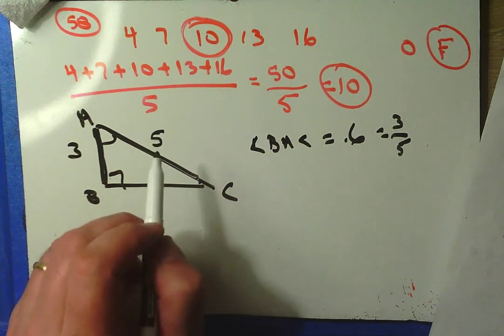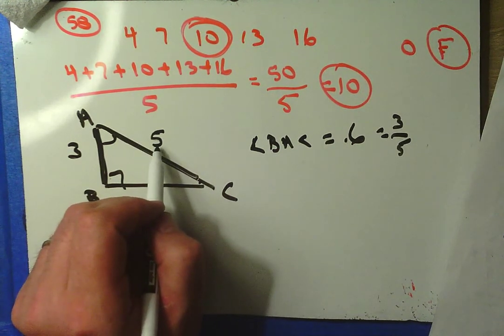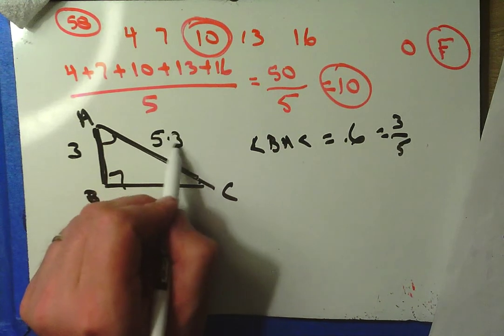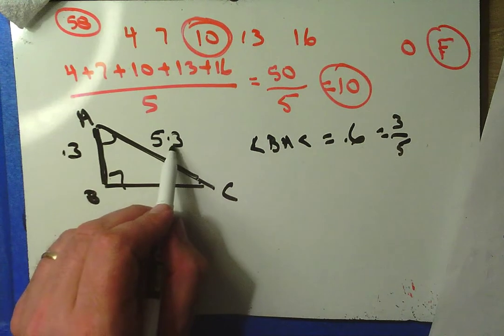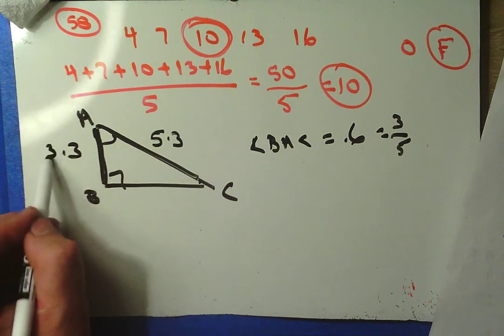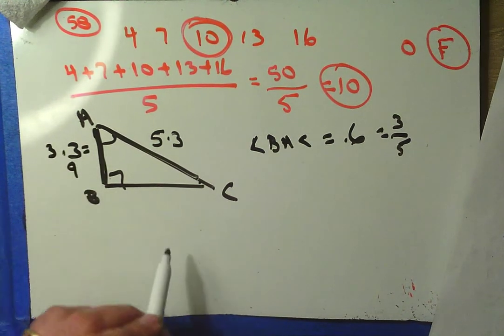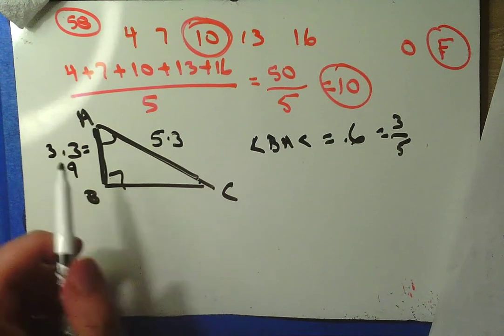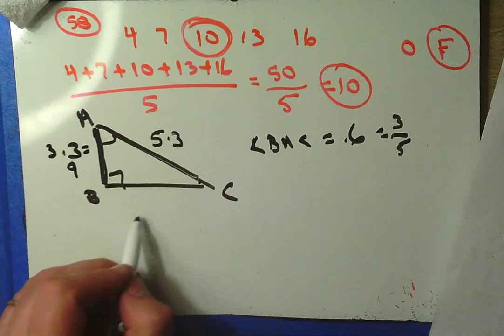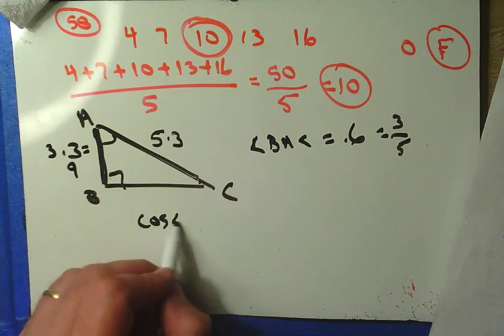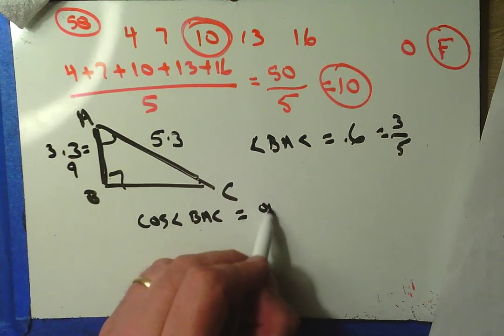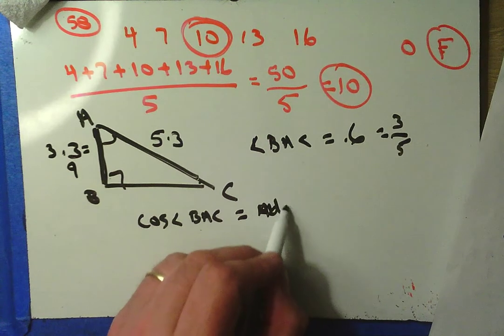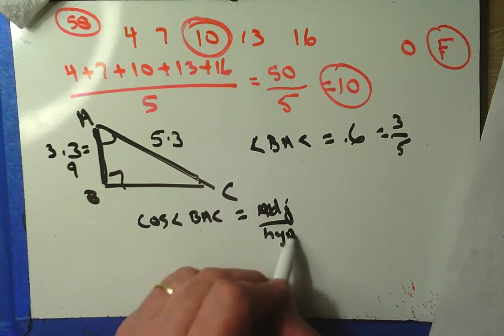Well, what do I have to multiply this by to turn it into 15? I'm going to have to multiply this by 3. So if I multiply it over here by 3, I have to multiply over here by 3, and so I get 9. You could always set this up as cosine angle BAC equals adjacent over hypotenuse.